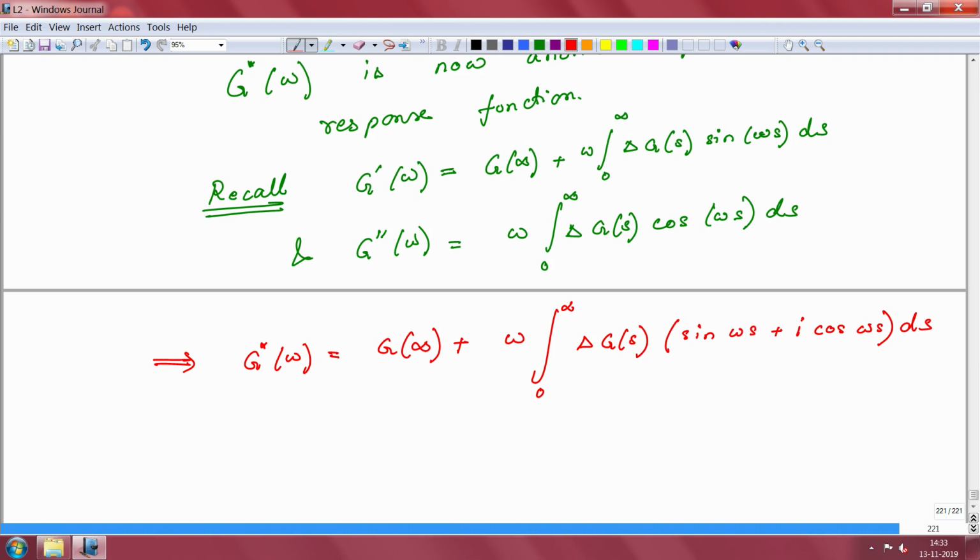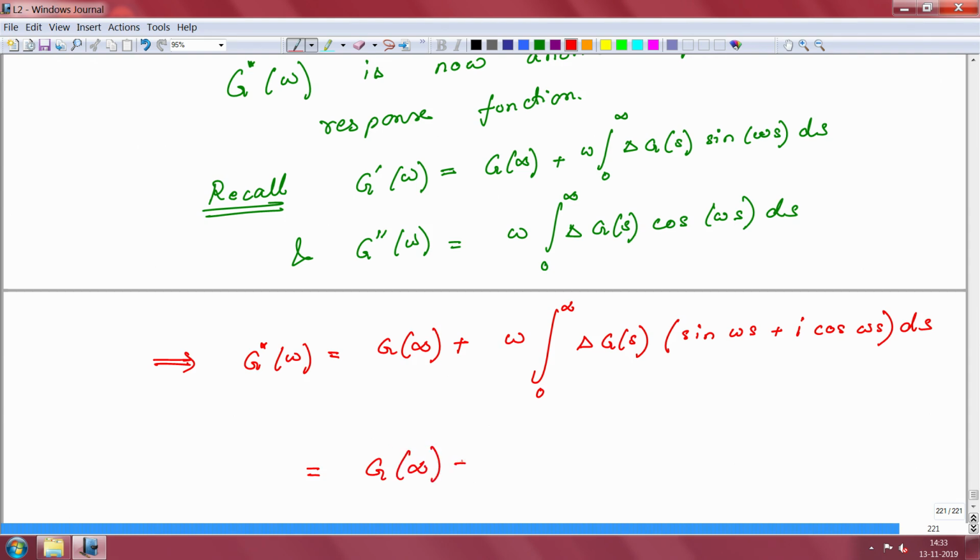right. Or if you want to represent it in the e to the power I form, then what you can do is you can take an I omega out. Let me just write it.